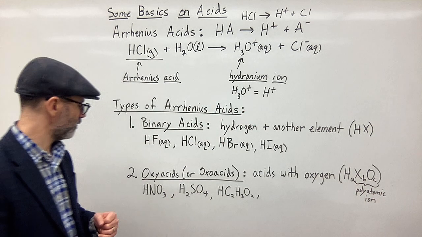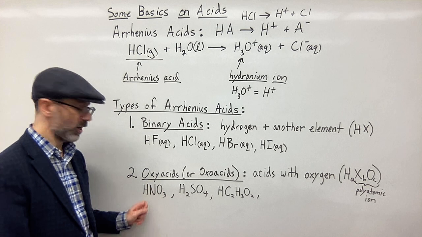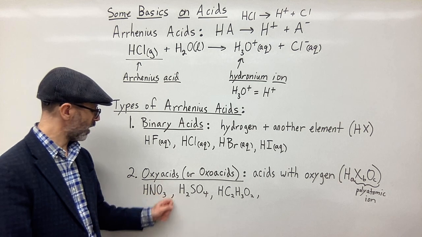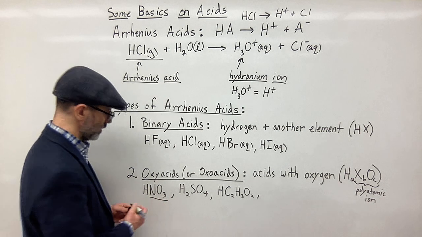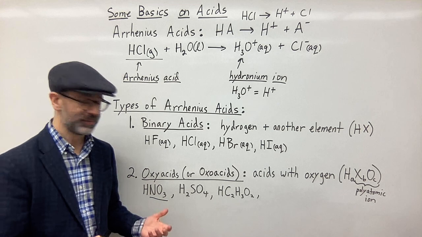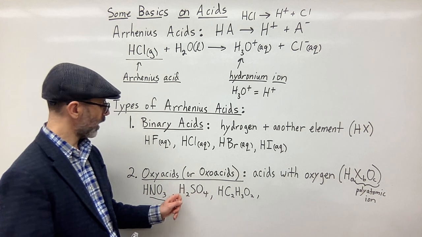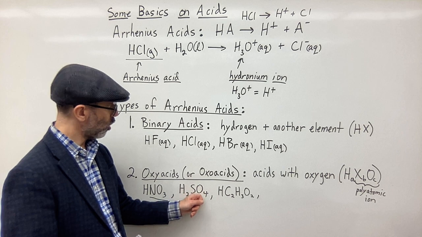And I'll give you a couple of examples. So here we got HNO3. So here we have H, 1 N, so that would be our X. And we have three oxygens. And you'll notice that NO3 is a polyatomic ion, nitrate. Here we have H2SO4. So again, we have H subscript, S subscript, O subscript.